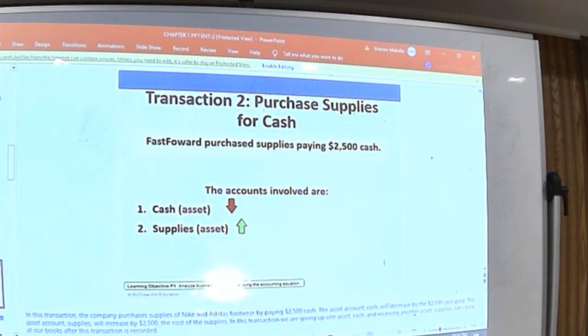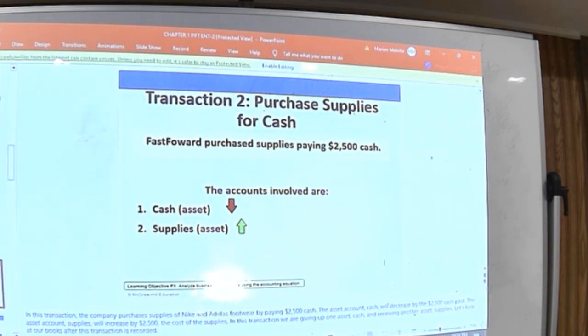Well, next we're going to look at some supplies. Mr. Taylor needs some supplies to run his business. He forks over $2,500 of the company's cash. What's involved here? Well, he spent some cash and he got some supplies. Both are assets.